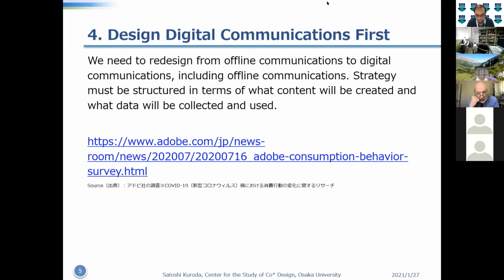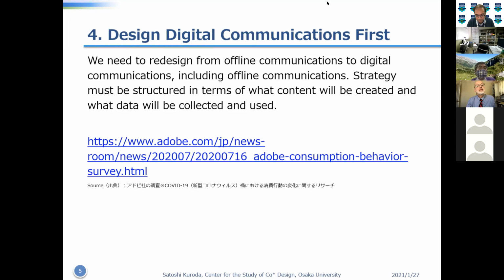The fourth, design digital communications first. As a result of unavoidable online purchases and communications by consumers who had traditionally placed emphasis on real-world activities and consumers who were not good at the internet, many people realized the convenience of online and wanted to continue it in the future.